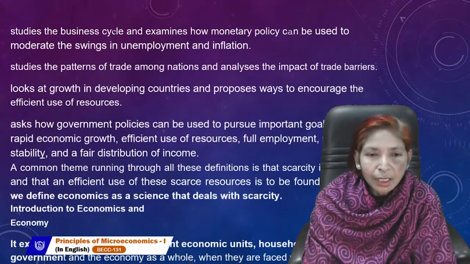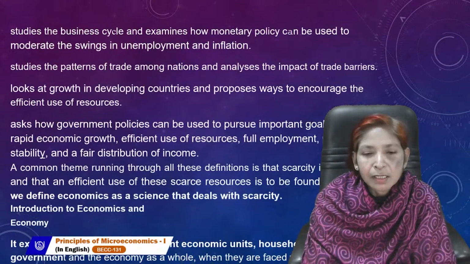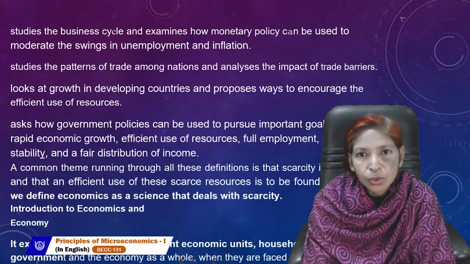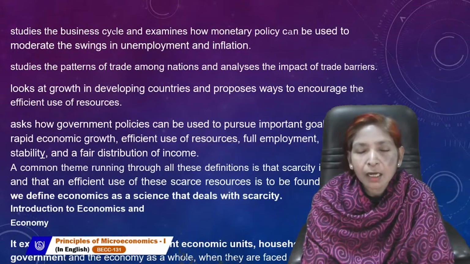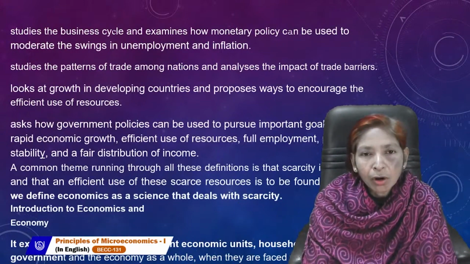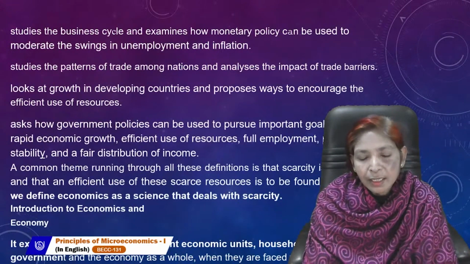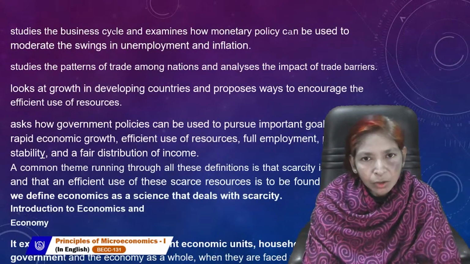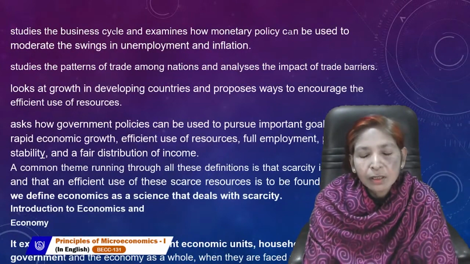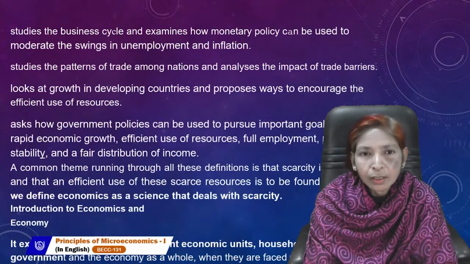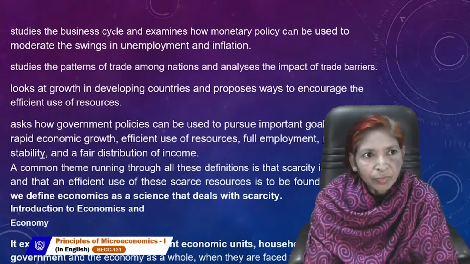The second branch of economics is macro. In the Greek language, macro is makros. It means wide, large, or big. So it is clear from the meaning of the word that macro always deals with whole units of the economy, meaning all the units of the country.